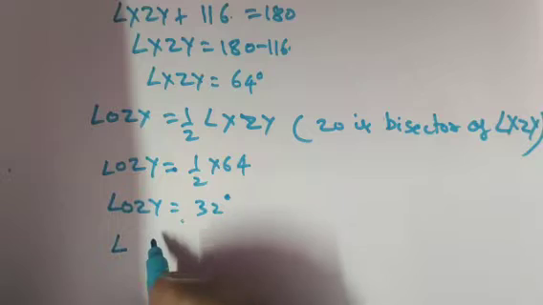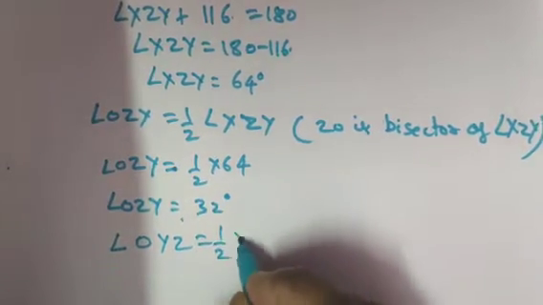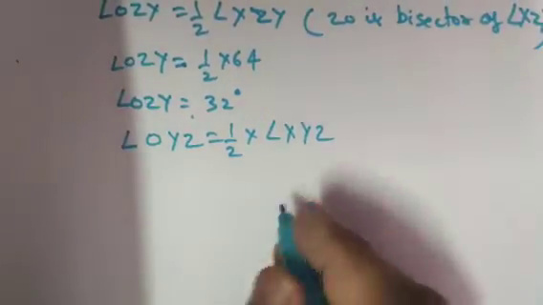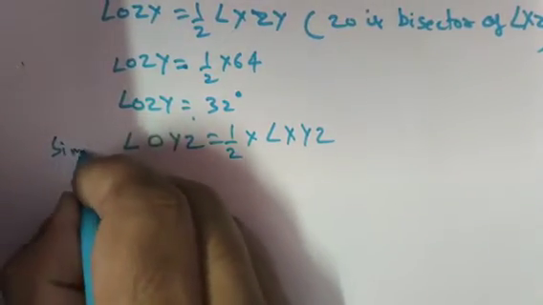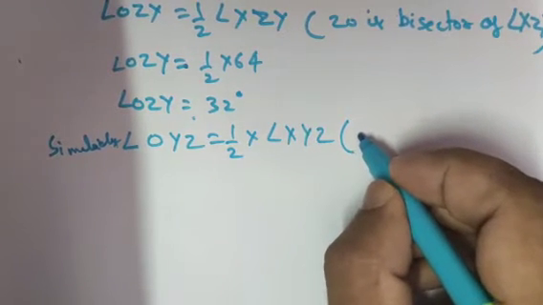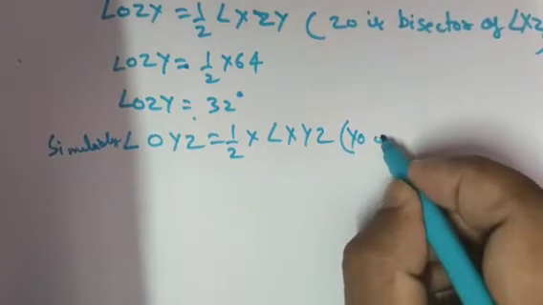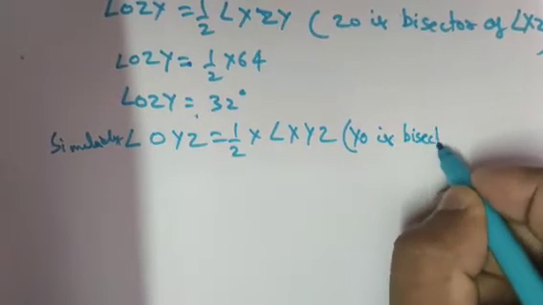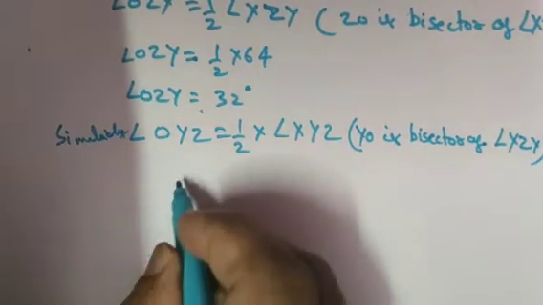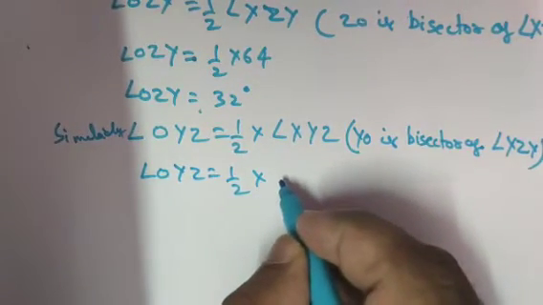Similarly, angle OYZ will be half of angle XYZ, because YO is the bisector of angle XYZ.